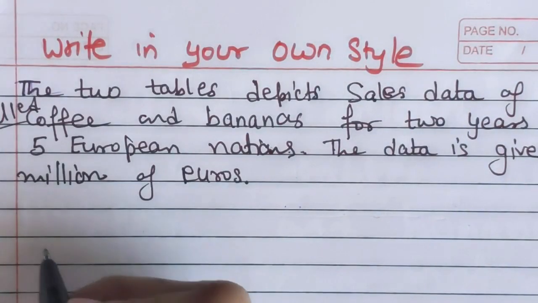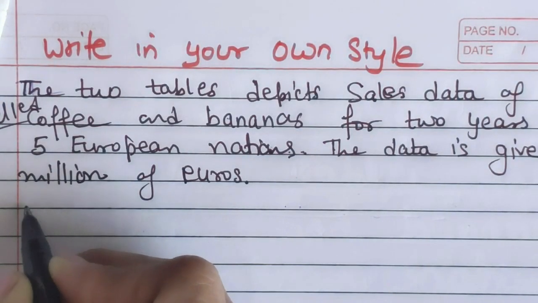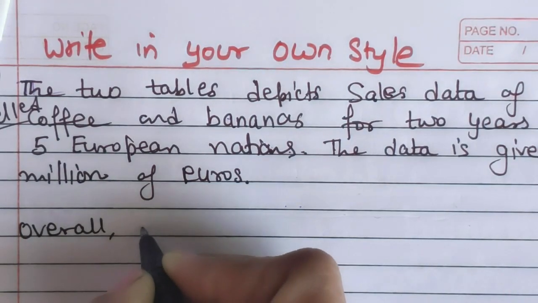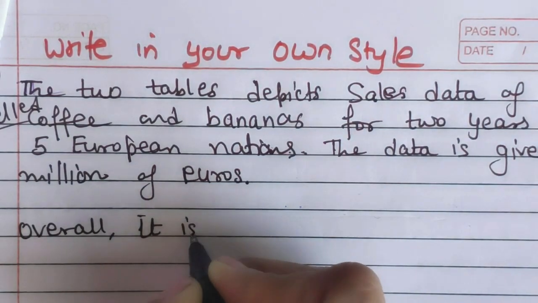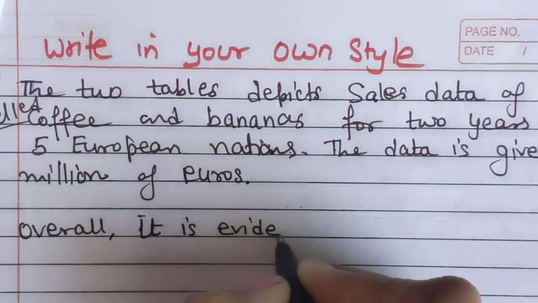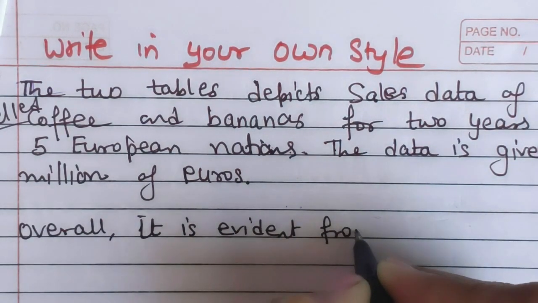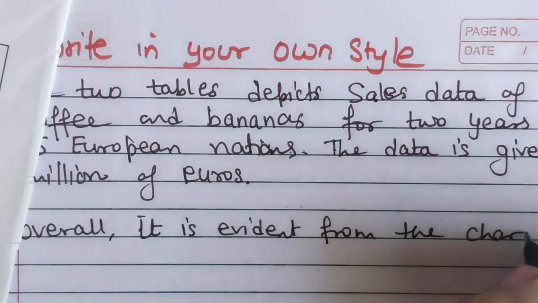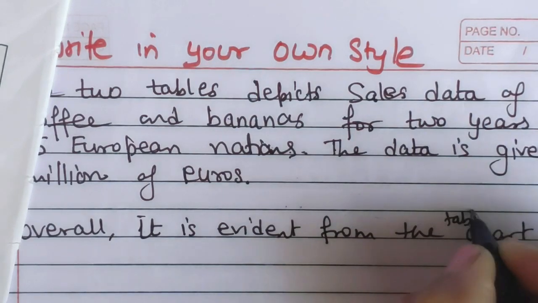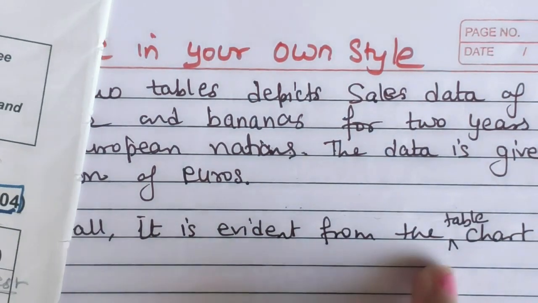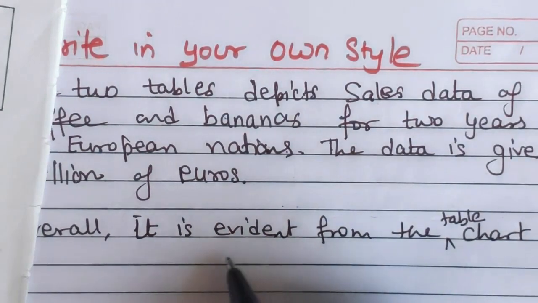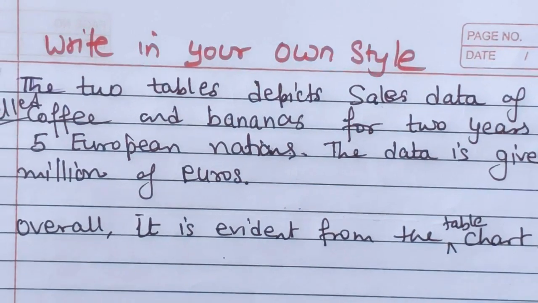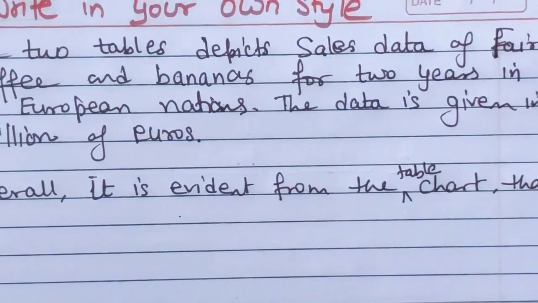Now about the second paragraph, I will leave a line. Overall it is evident from the table chart that, how are you going to write that? I'm writing it with a pen, that's why I can't erase it.